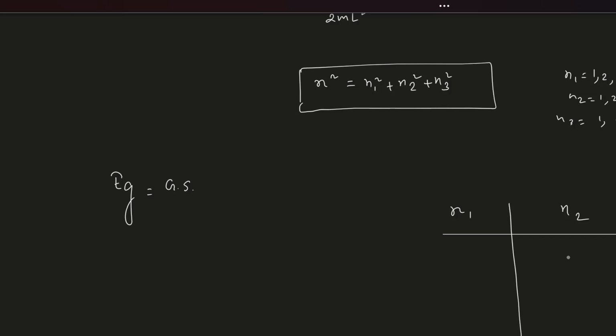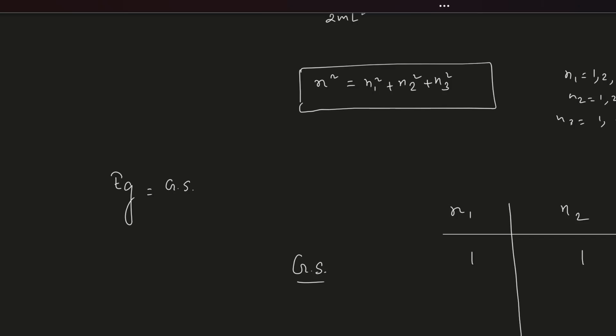Okay, so let's say the easiest one is the ground state, or GS. Ground state means all of them will take the minimum possible number, which is 1 for all of them, because nothing can be 0 here. So 1, 1 and 1 means n squared is 1 squared plus 1 squared plus 1 squared, which is 3.